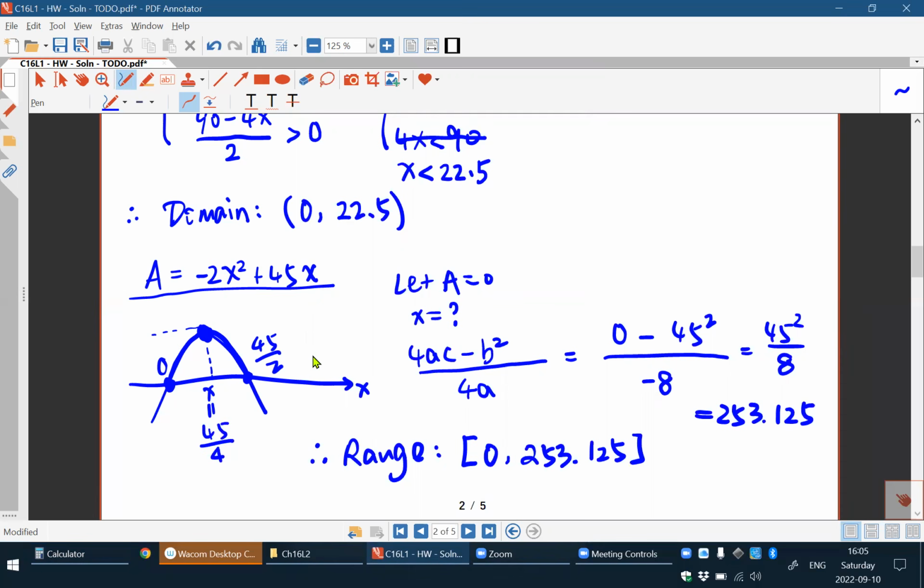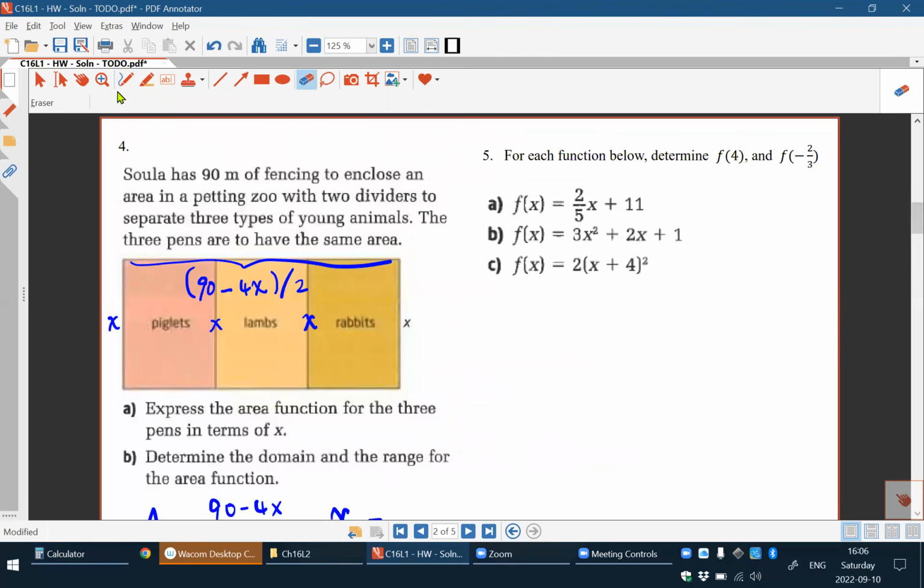So to find the y coordinate of this point, just put in 45 over 4, which is -2 times 45 over 4 squared plus 45 times 45 over 4. You can also find the y coordinate of this point. You understand? Okay, so that's the second way to find this y coordinate. Any questions? No. Okay, let's see the next one.